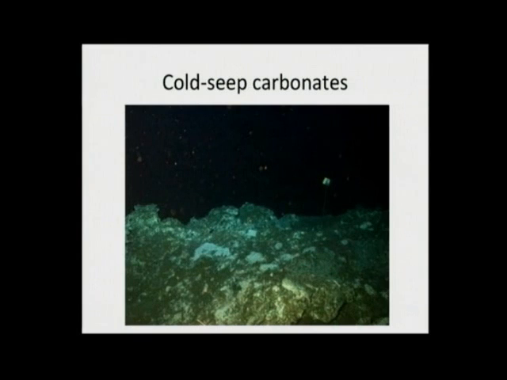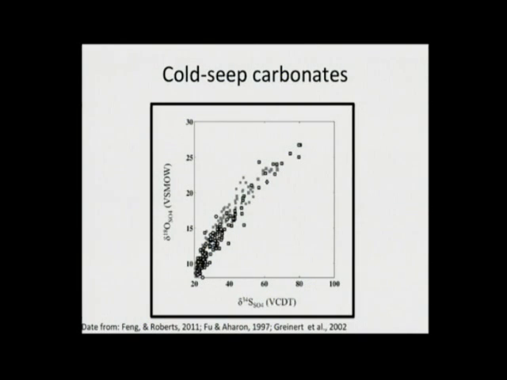And we can take this barite and measure the sulfur and oxygen isotopes in the barite itself. I haven't done it, but other people have done it. Here in gray, you can see the data from the pore fluids from all the places where we have a lot of methane, and the open squares are all the data from the barite. So not only do we have a unique isotopic fingerprint for the process of anaerobic methane oxidation, we also have a way to preserve it in the geological record as barite.